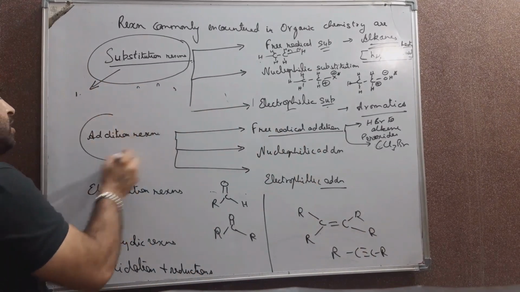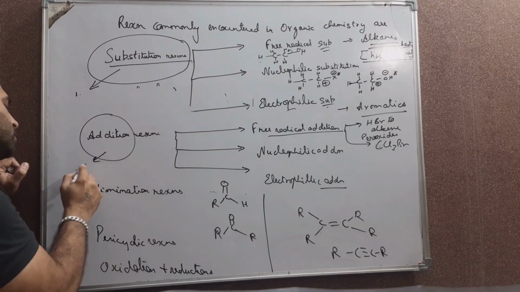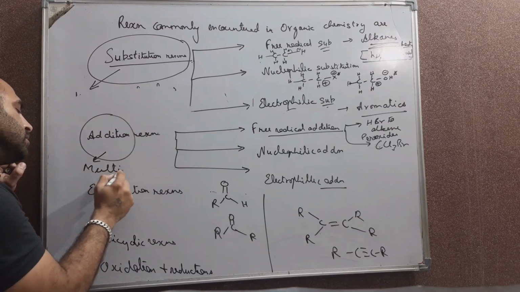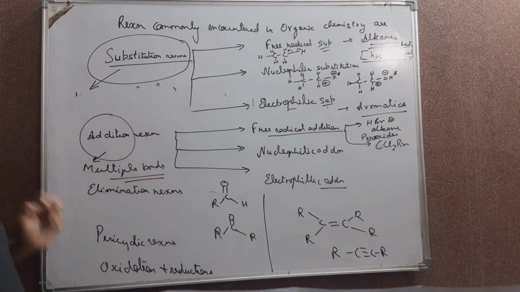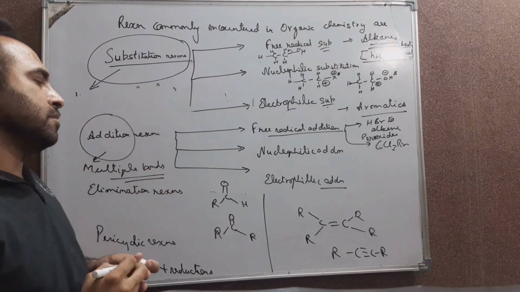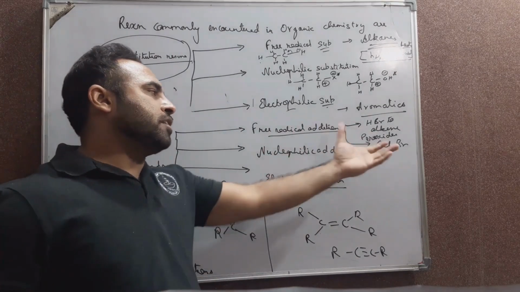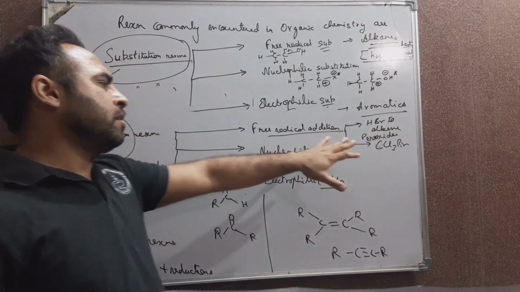Addition reactions generally happen at multiple bonds. Where there are multiple bonds, you will expect addition to occur. Free radical addition reactions of alkenes I have demonstrated.